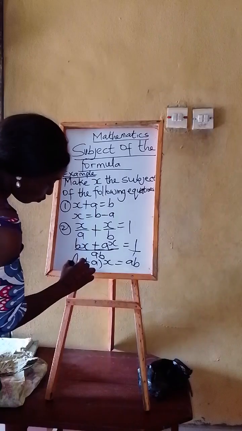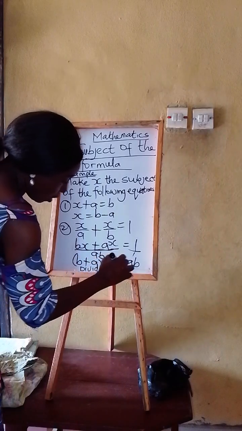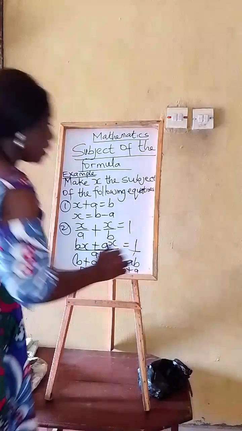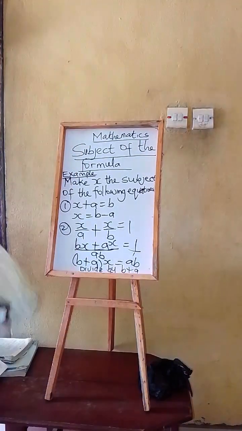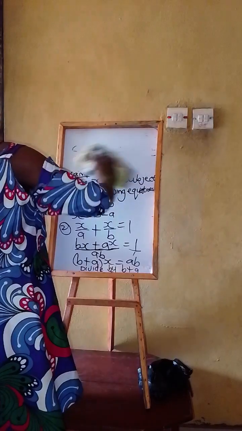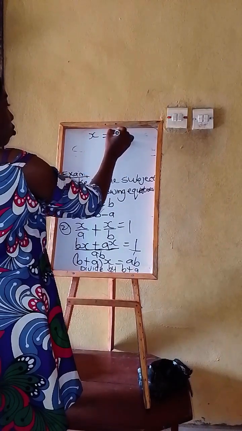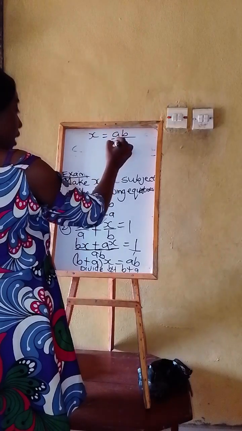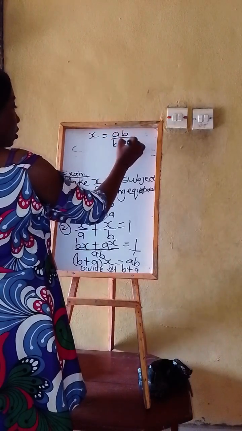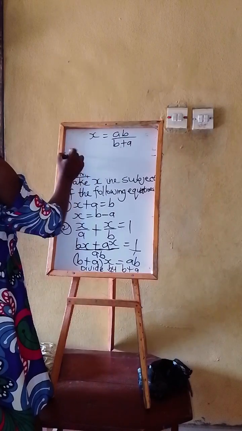You divide through by b plus a. By the time we divide by b plus a, we have x equals ab over b plus a.